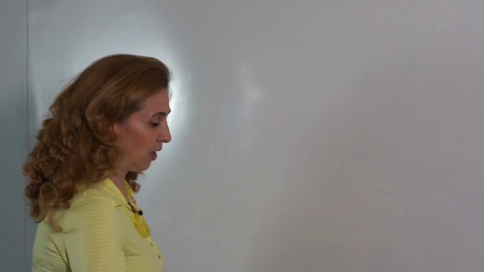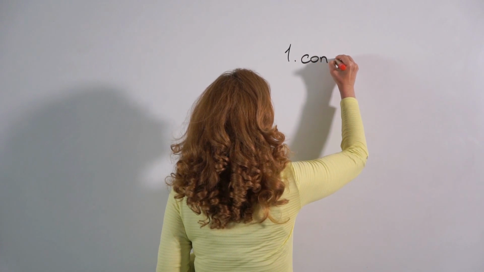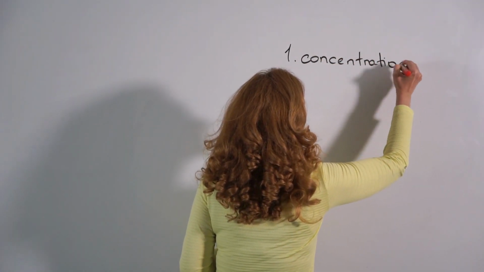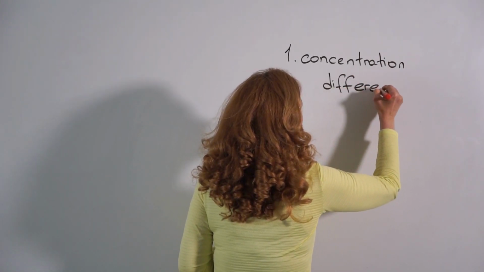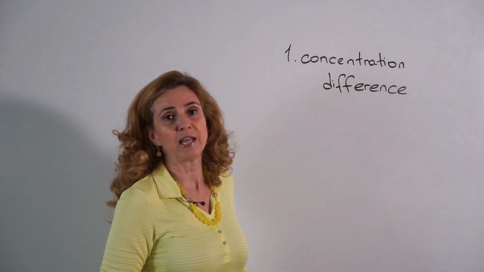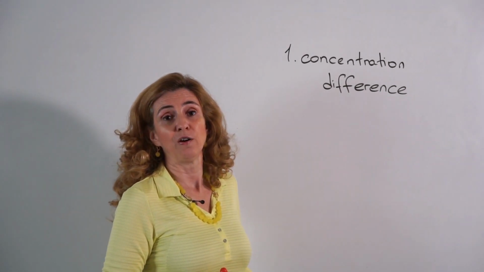So, what are the proper conditions to produce the Nernst potential in a laboratory? Number one condition is going to be the concentration difference. If we don't have the concentration difference, we cannot have a Nernst potential. The concentration difference is going to force the ions to move across the cell membrane, and it is also called a chemical force.